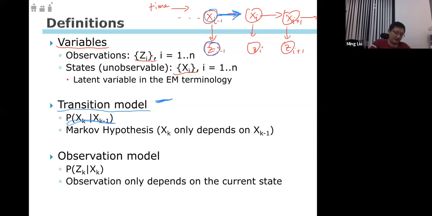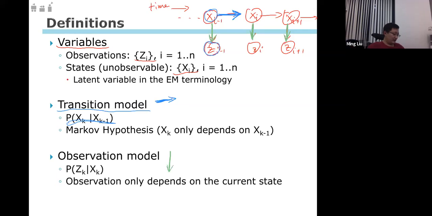Another thing is called the observation model. Observation model is this one, all these shown in green. Given the hidden states, what's the probability that you can have a certain observation? So observation only depends on the current state. Okay.